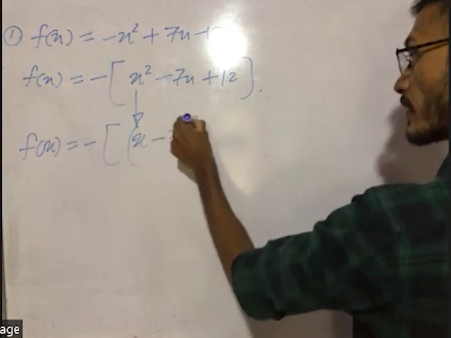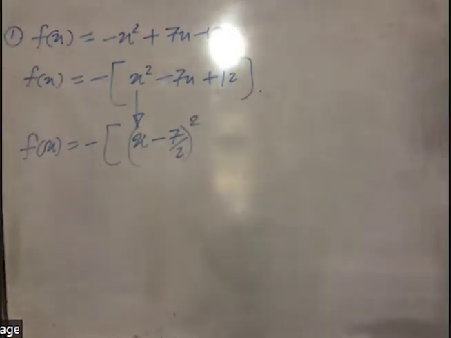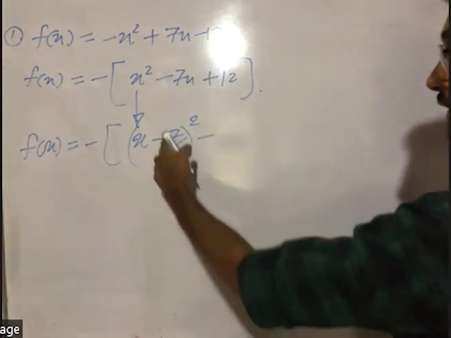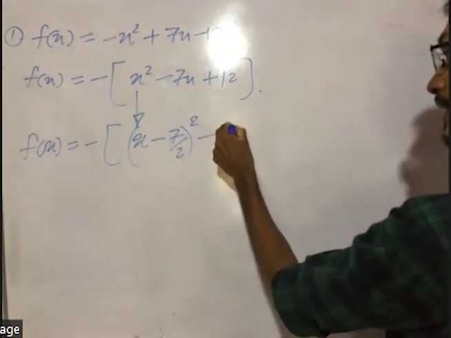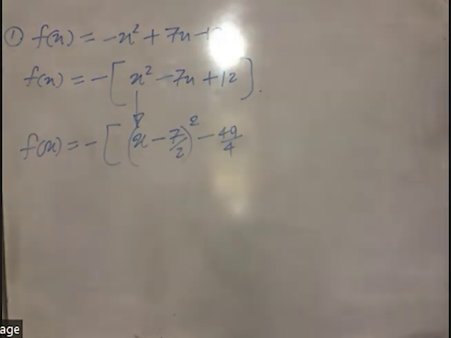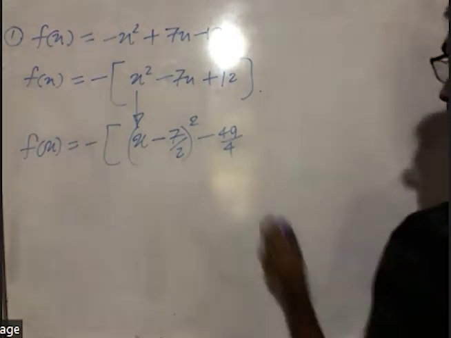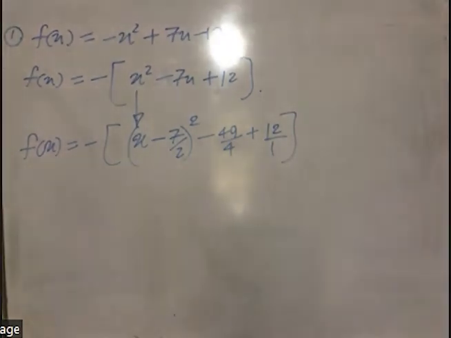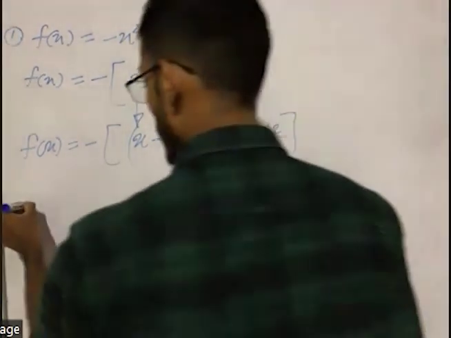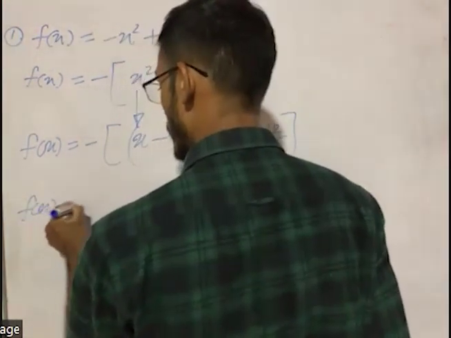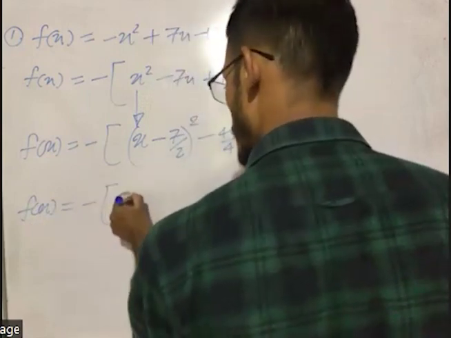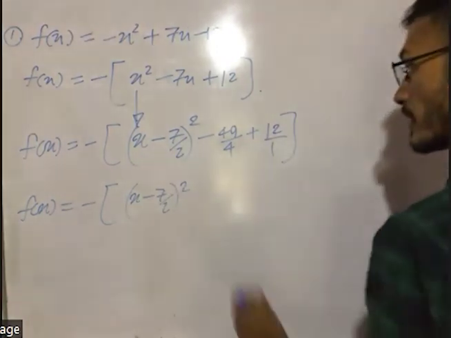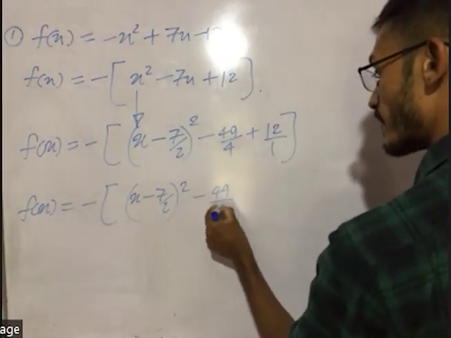Then take the square of the whole thing. Then a negative, take this, write the square of this constant, 49/4. The remaining part 12/1. Then f(x) equal to minus, here we have x minus 7/2 whole thing square minus 49/4.